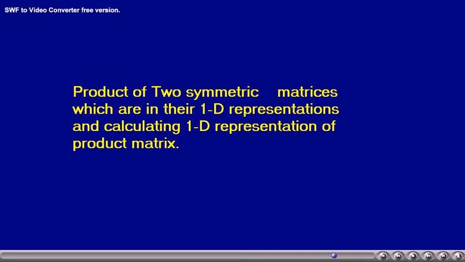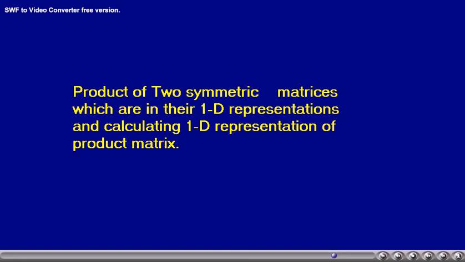Thus, the product matrix 1D representation is what we are interested to find out. That is, we need to find out only the lower triangular portion elements of the product matrix. Those we want to store in a 1D array fashion.